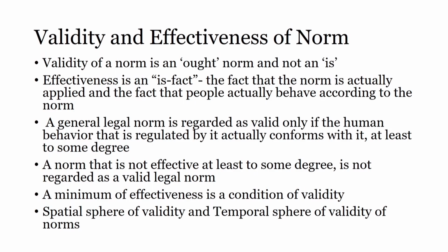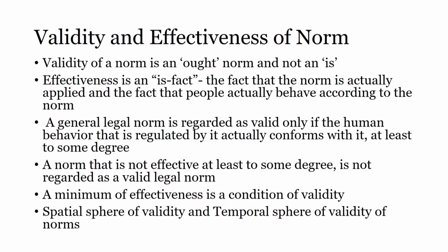So, effectiveness is dependent upon the is fact, whether the norm is actually applied and whether people actually behave according to the norm. And then he says that a general legal norm is regarded as valid only if the human behavior that is regulated by it actually conforms with it, at least to some degree. Now, you do not say that every action of the person must fully conform; even if to some degree it is conformed, it means that the behavior is and the norm is valid.